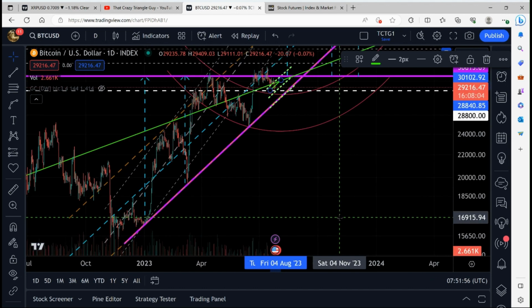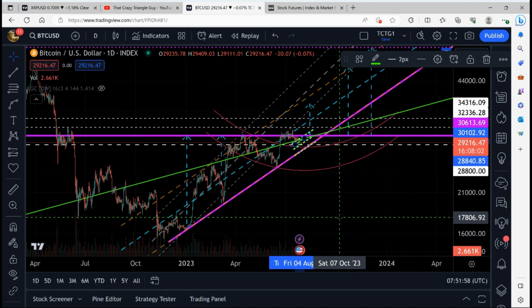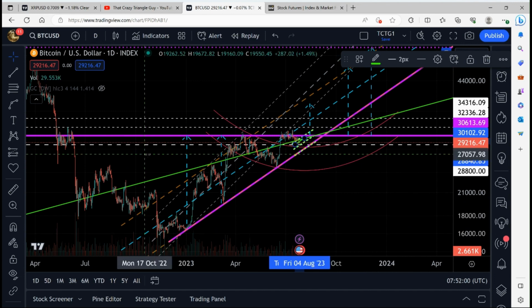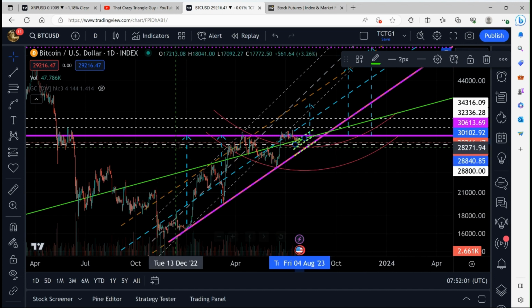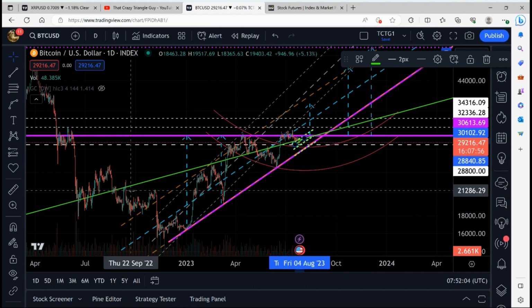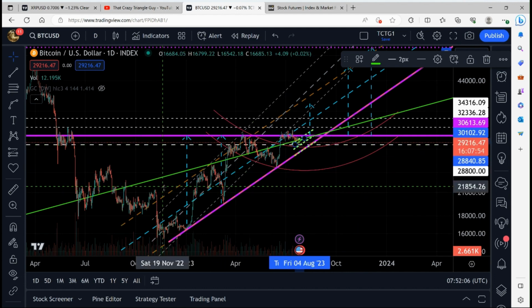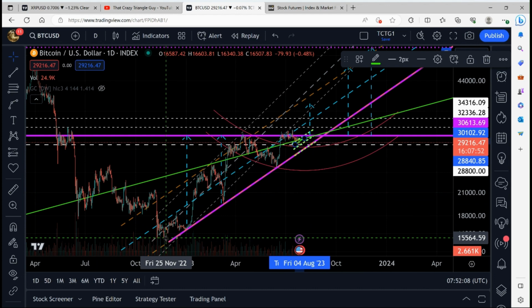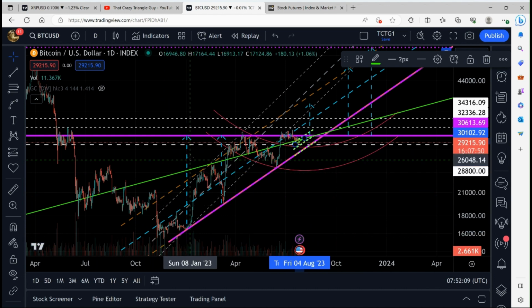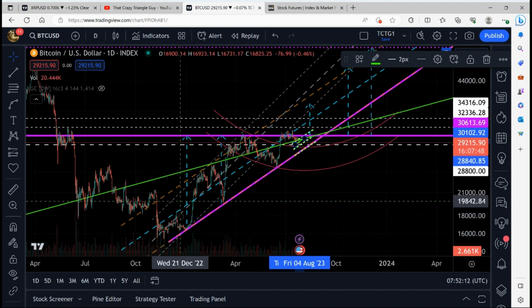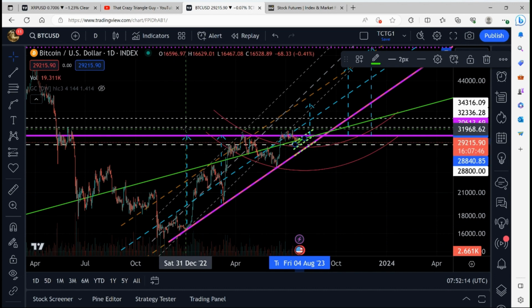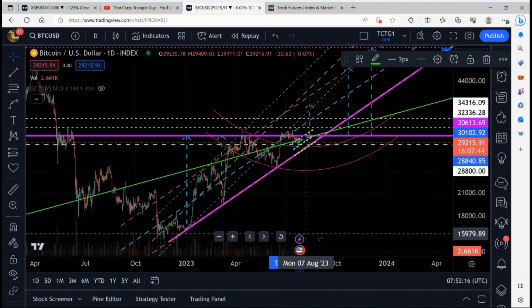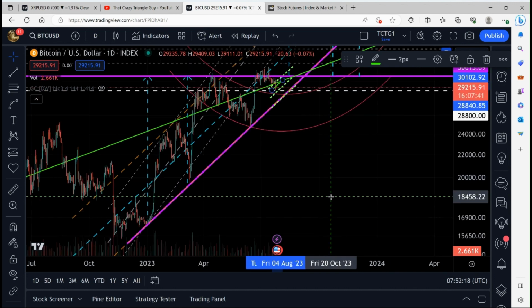Now I've drawn various. This is the other thing. There's not a clear target here. I'm not really sure. We don't have a clear leg that goes from the bottom to the top here, but I've taken various.